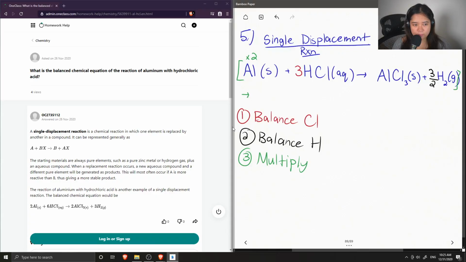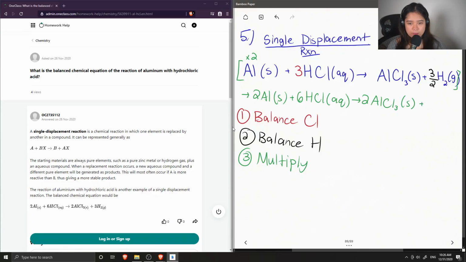And then we should end up with 2 aluminums plus 6 HCl, which makes 2 aluminum chlorides plus 3 hydrogen gas.